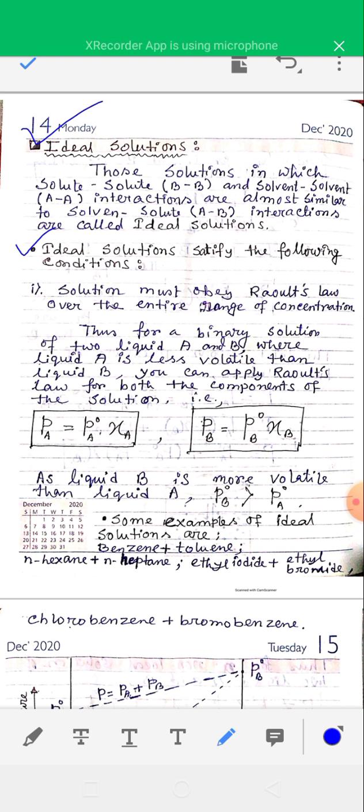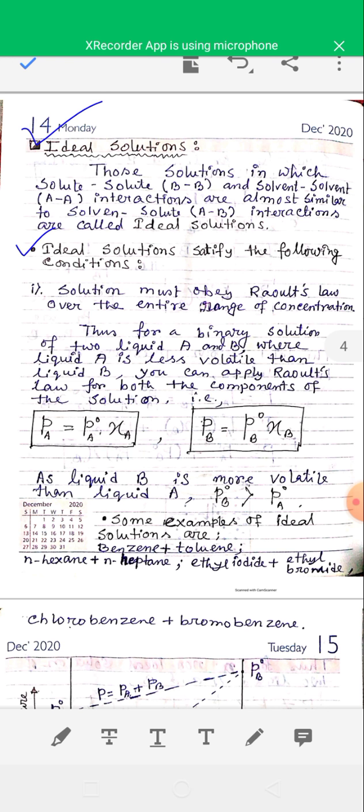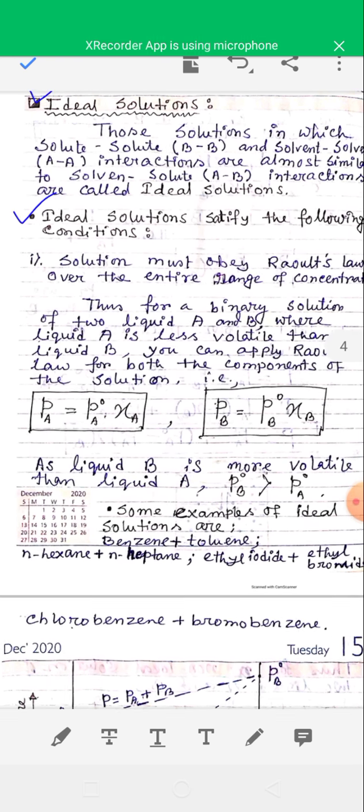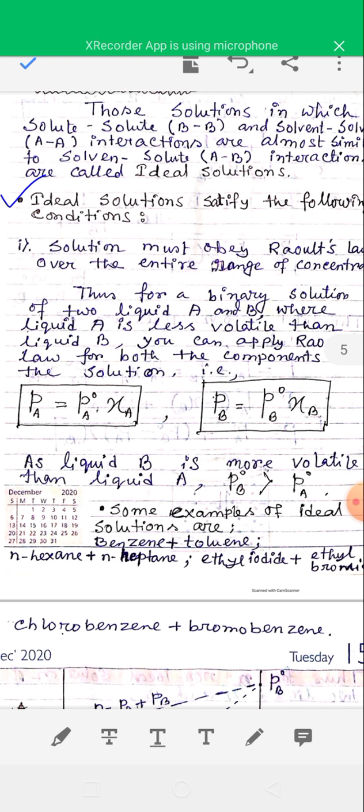Thus for a binary solution of two liquids A and B, where liquid A is less volatile than liquid B, applying Raoult's law, you can write PA is equal to PA naught XA and PB is equal to PB naught XB.